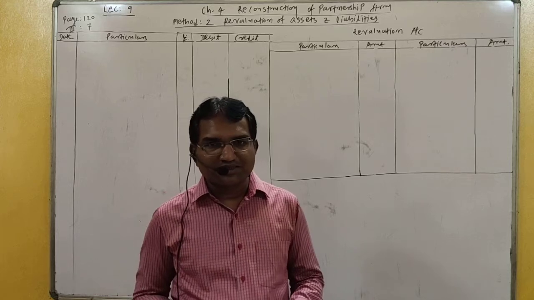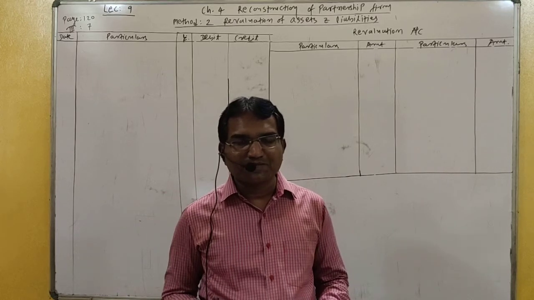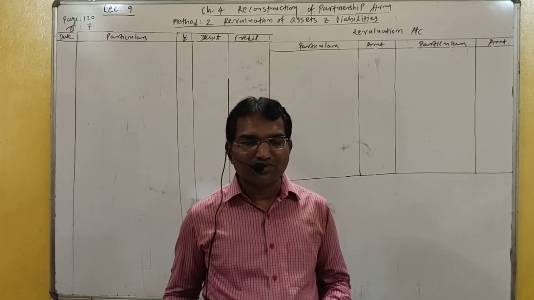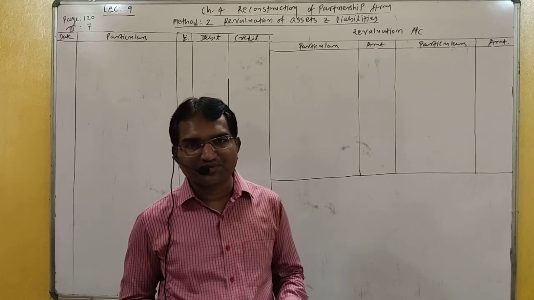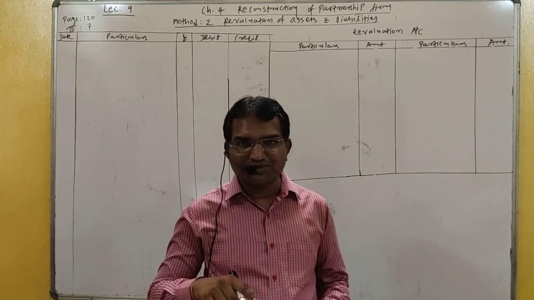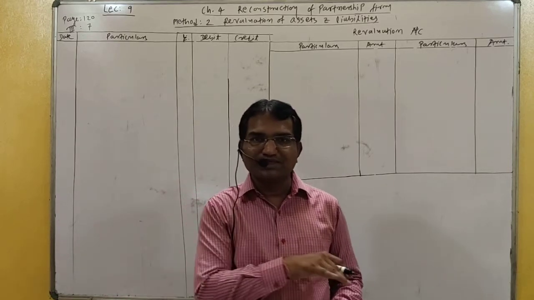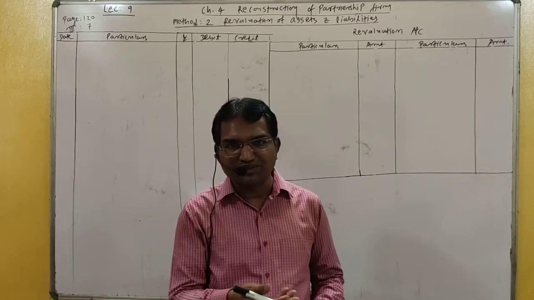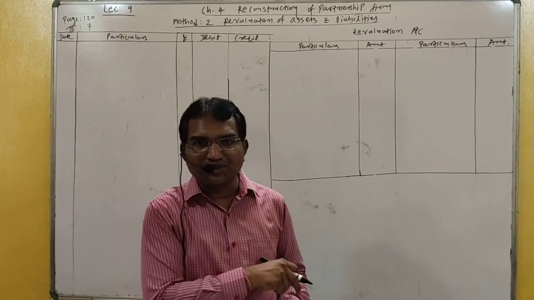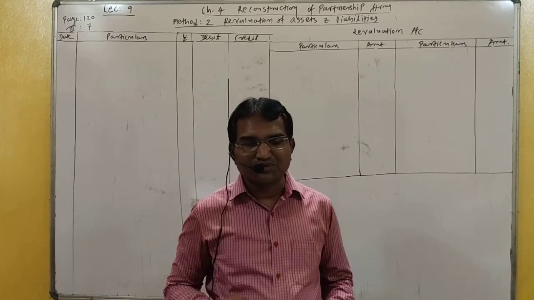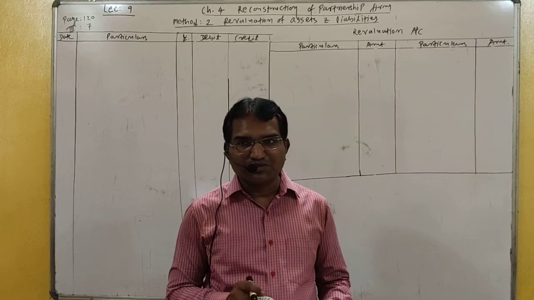In case of assets, there are two possibilities. If value of asset increases, then asset account debit to revaluation account, and if the asset value decreases, then the inverse entry: revaluation account debit to assets account. Same thing in case of liability.